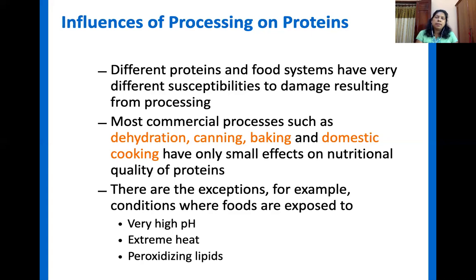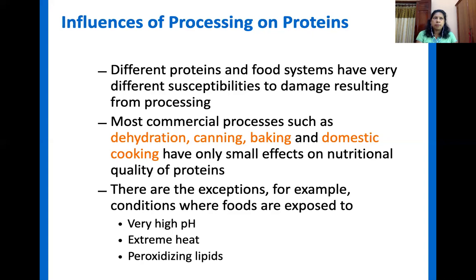The other case is exceptions, for example conditions where food is exposed to very high pH, extreme heat, and peroxidizing lipids. In that situation, the protein quality can be changed, right? Because very high pH will definitely affect the protein quality.